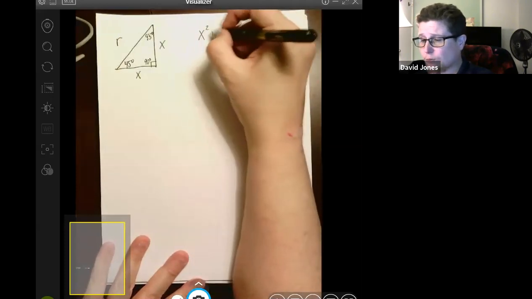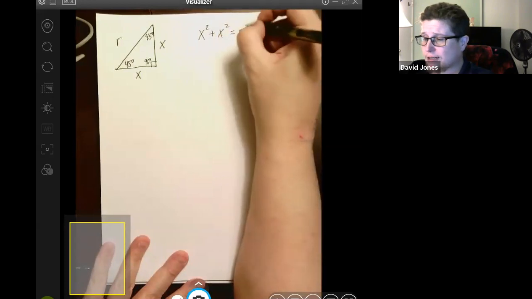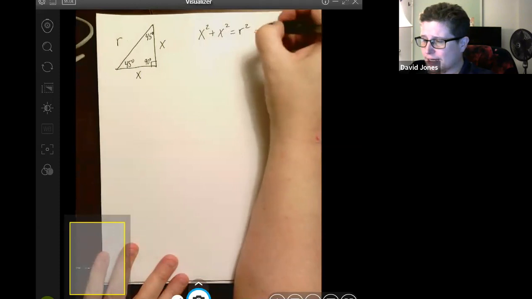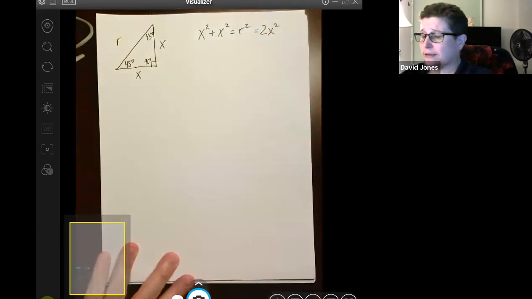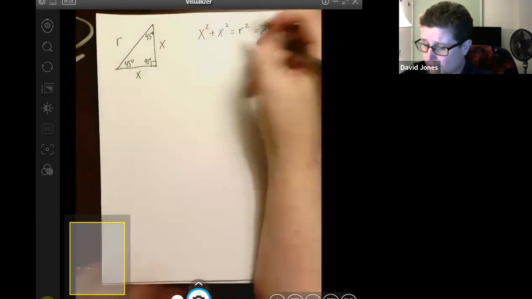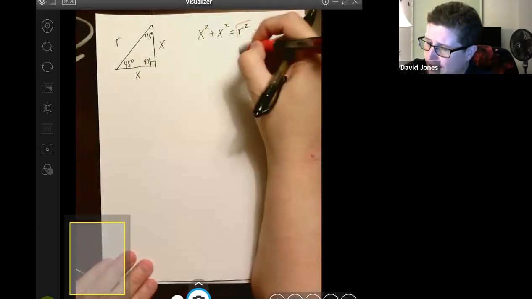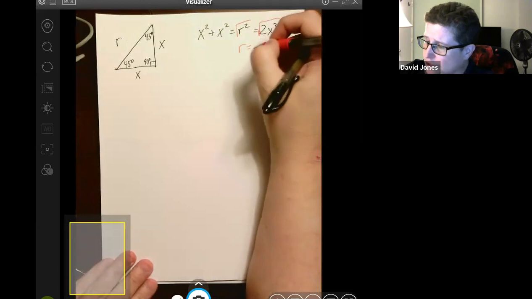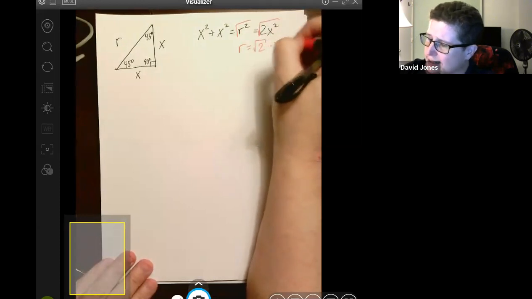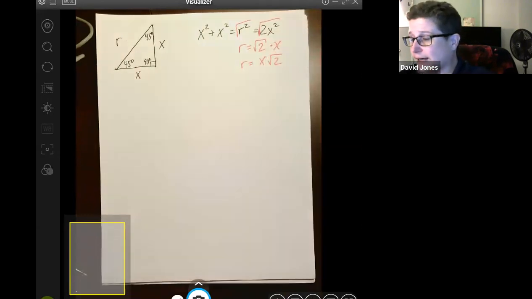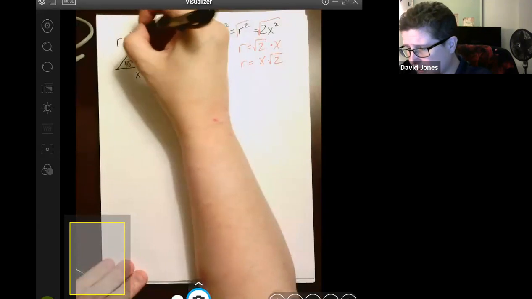We have x squared plus x squared equals r squared. We add them together, we get 2x squared. And if we take the square root of both sides, we get r equals square root of 2 times x, which we tend to write as x root 2. It's positive because it's a distance. x root 2.